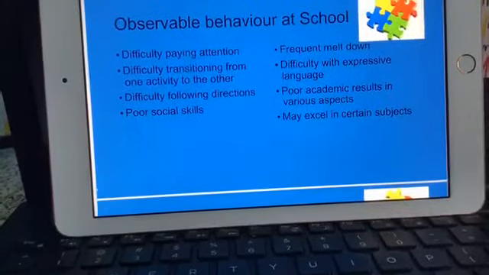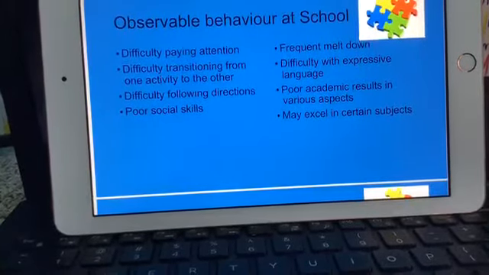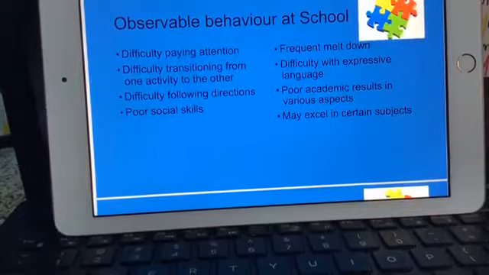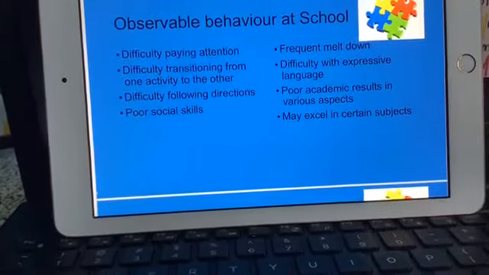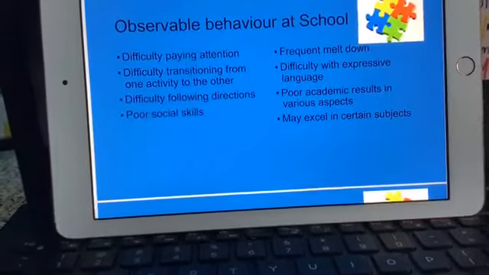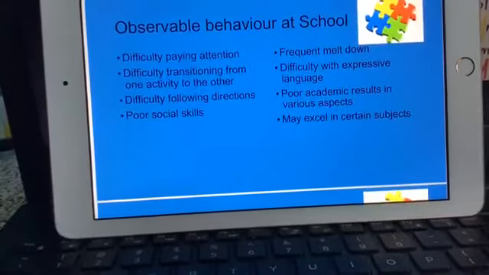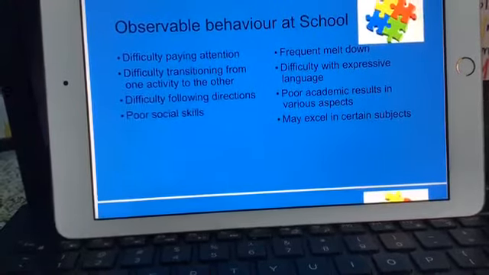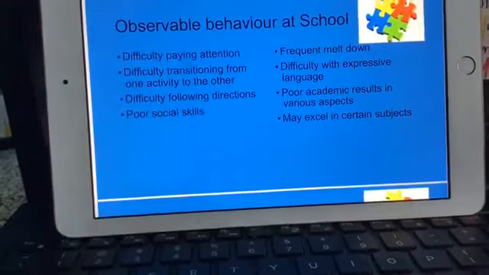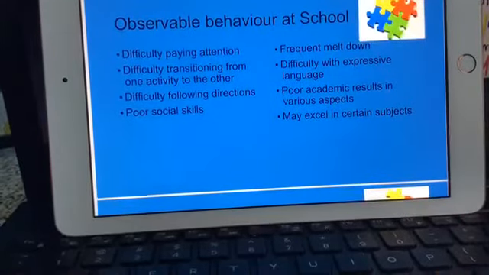They may have poor academics in some areas, but they may also excel in other areas, and that is also important. Just because a child is autistic doesn't mean that they can't function in the classroom, or that they can't learn. They will have different areas where they excel and different areas where they struggle, which pretty much everyone has, right?